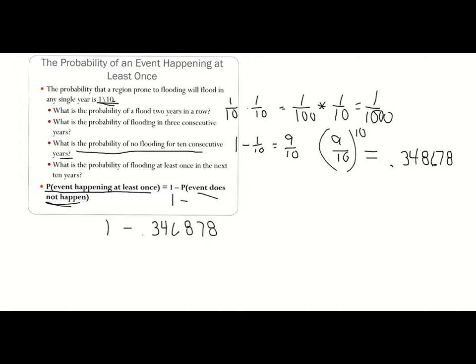That's the probability that it will not flood in the next 10 years. And the probability that it will flood in the next 10 years is 0.651322. Or as a percentage, we have about a 65% chance that it will flood once in the next 10 years.